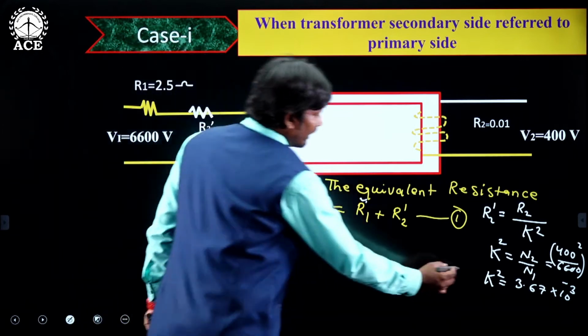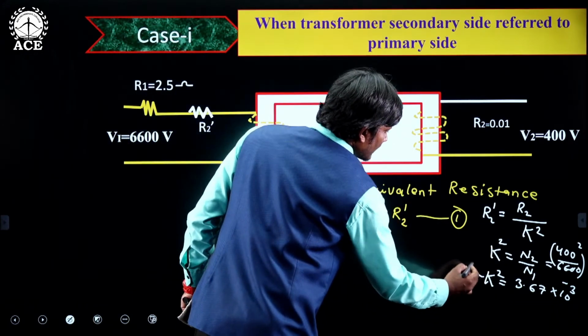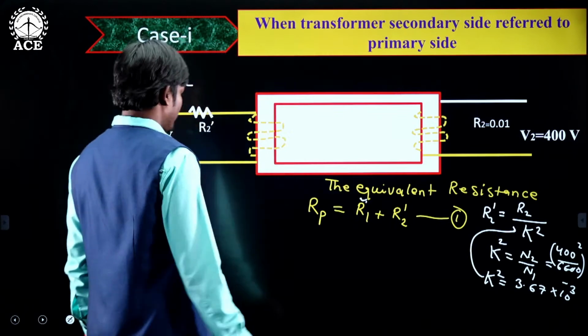Now substitute the K square value here and you will get R2 dash.